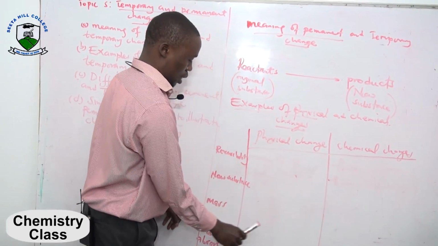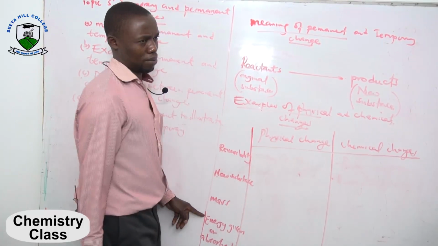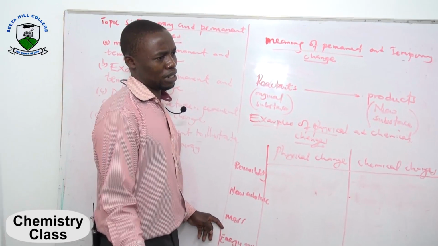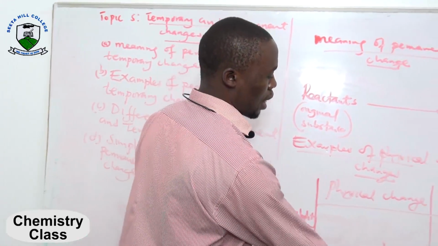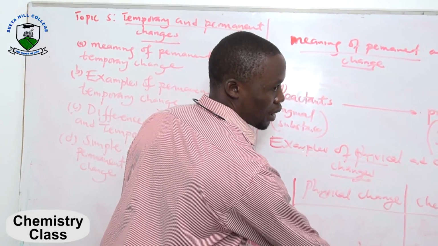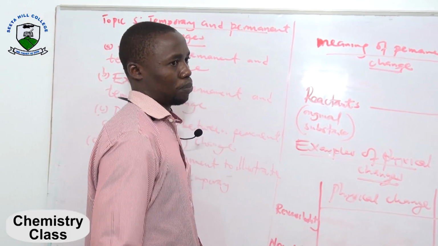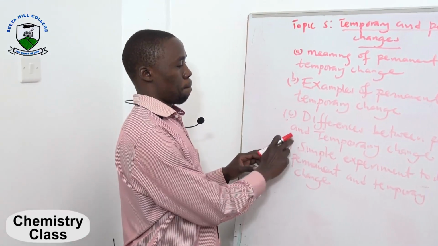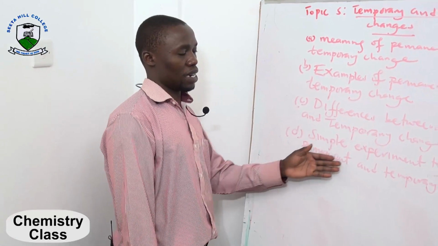In physical change, heat is not normally absorbed or given out. It can occur, but not normally. In chemical change, always heat is given out or absorbed.